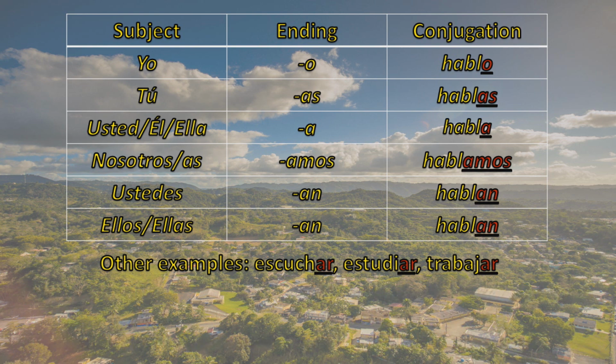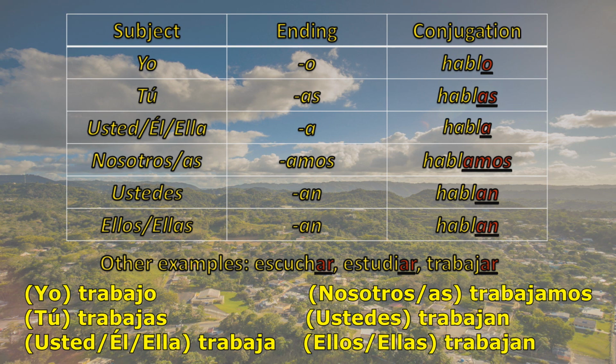And the same with another example, trabajar. I say, yo trabajo, tú trabajas, usted trabaja, él trabaja, ella trabaja, nosotros trabajamos, or nosotras trabajamos, ustedes trabajan, ellos trabajan, or ellas trabajan.